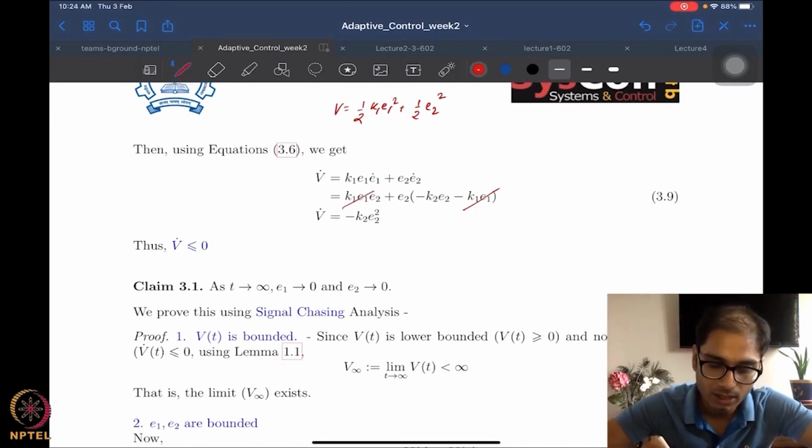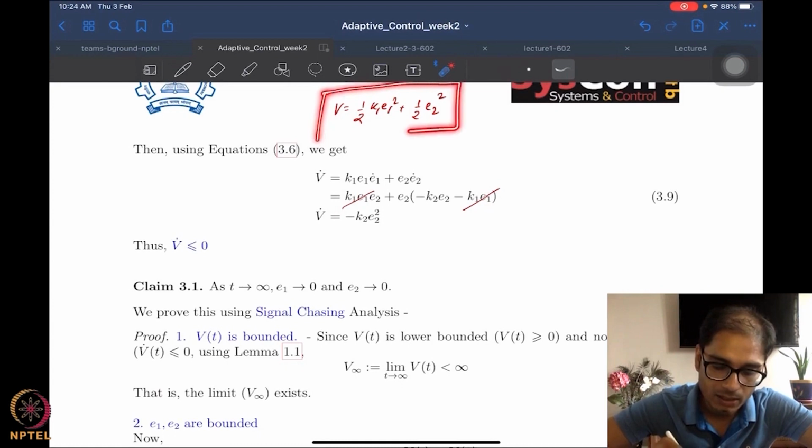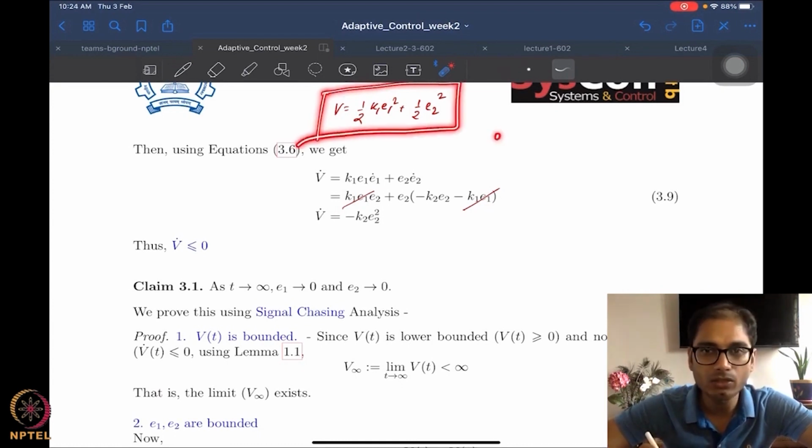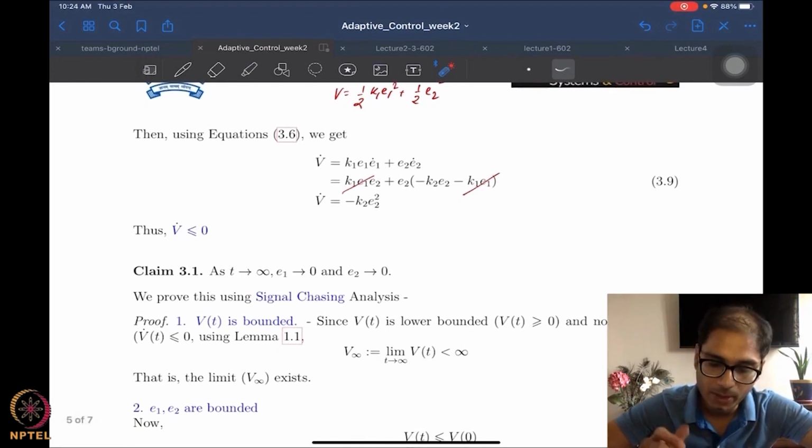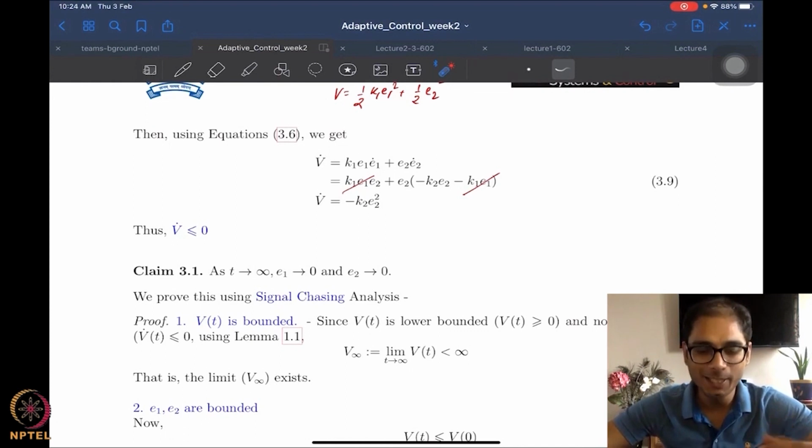If I did not do this, and this is where experience or good intuition in constructing Lyapunov functions or these potential functions comes into play. Because of my smart choice of V. By the way, it's not my smart choice. This choice of potential function for a spring mass damper has existed forever.